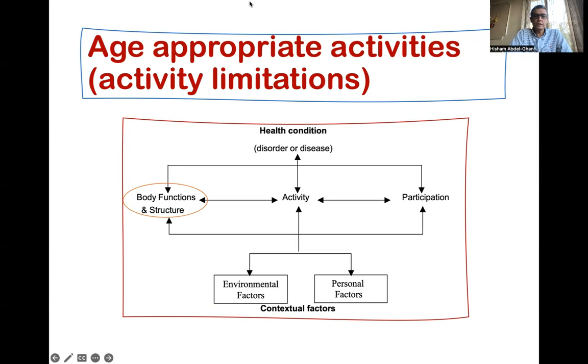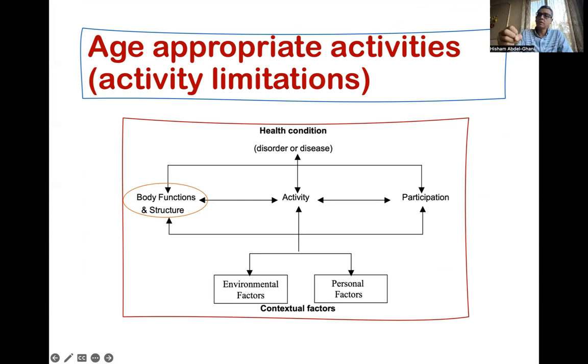WHO عملت ايه؟ قال لك any disease, any disorder like cerebral palsy will cause body functional and structural impairments. ممكن يعمل spasticity، ممكن يعمل dystonia، ممكن يعمل flexion contractures, deformities. كل الحاجات دي body functional disruption of the function and structure. And this will affect activities.